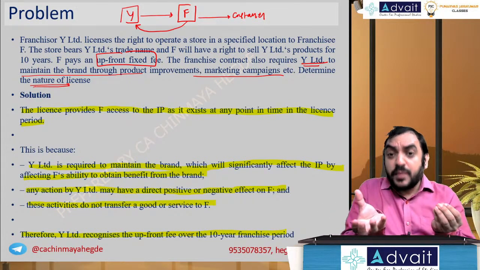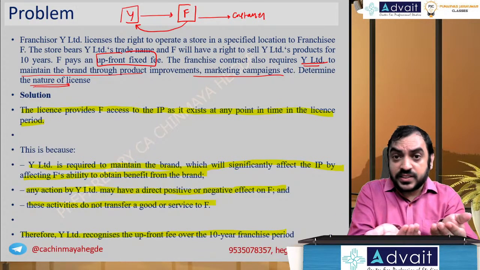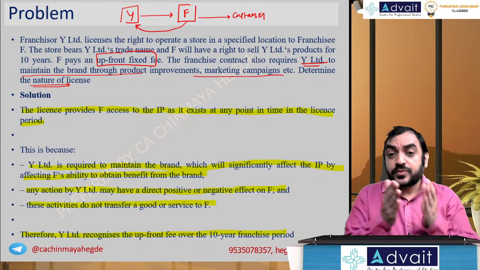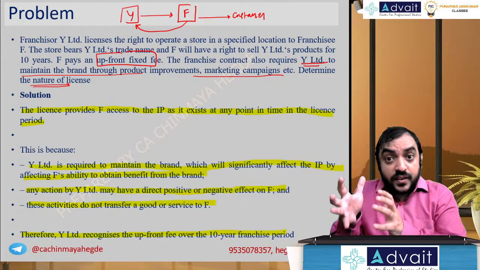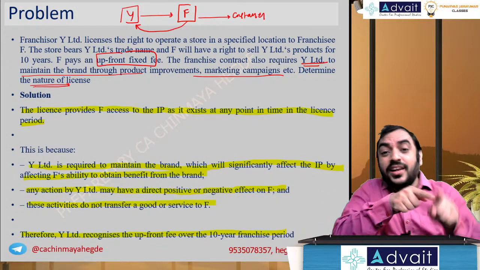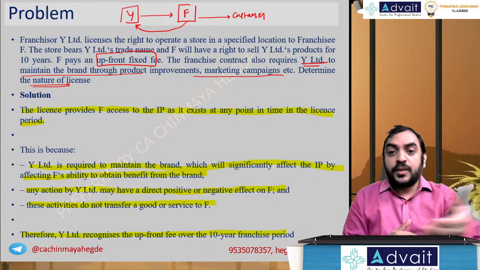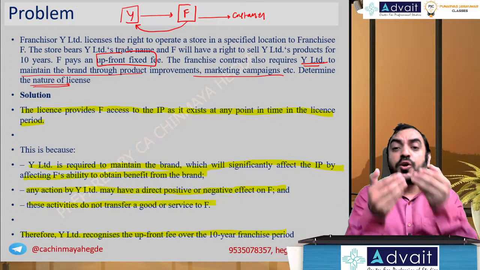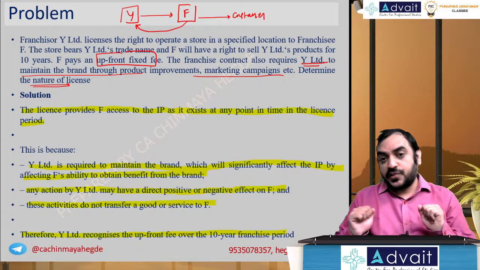So as a Reddington company, you have paid the license fee, and how do you get the benefit? The benefit is not immediate. The benefit is over a period of 10 years, and that benefit is directly correlated to the performance of the main company, the product development, marketing campaign, etc. So essentially, if you understand the purpose, the amount you are paying is not for immediate benefit, it is a benefit over 10 years.